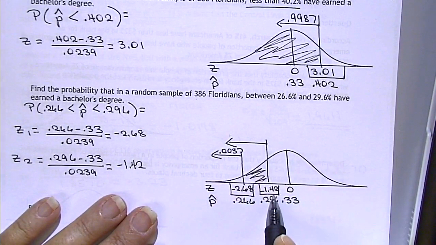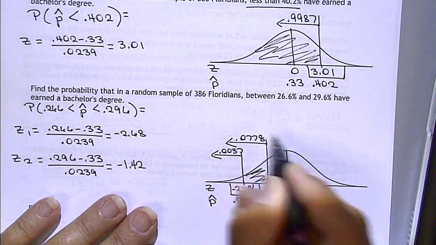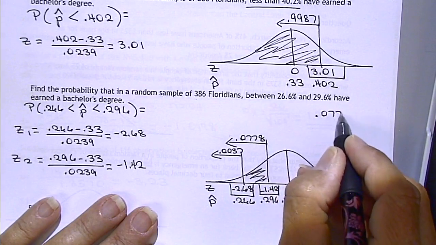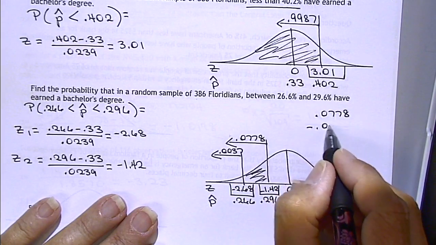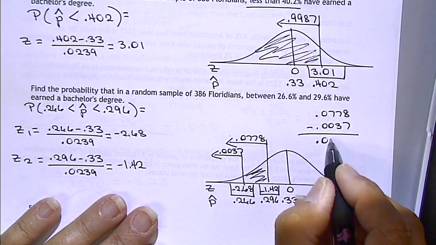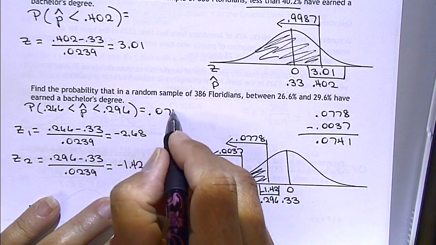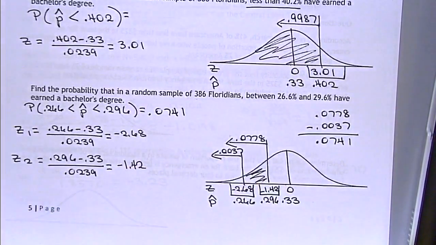When I look up negative 1.42, it's 0.0778. I take the bigger one, I subtract the smaller one, and I get the area between. And that's my answer, 0.0741. That doesn't change much. Area between two z-scores, you've got to look them both up, and you should be fine with that.